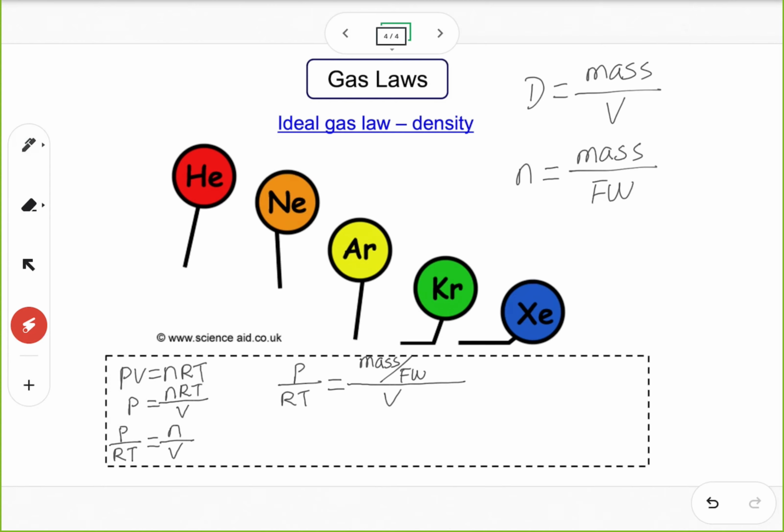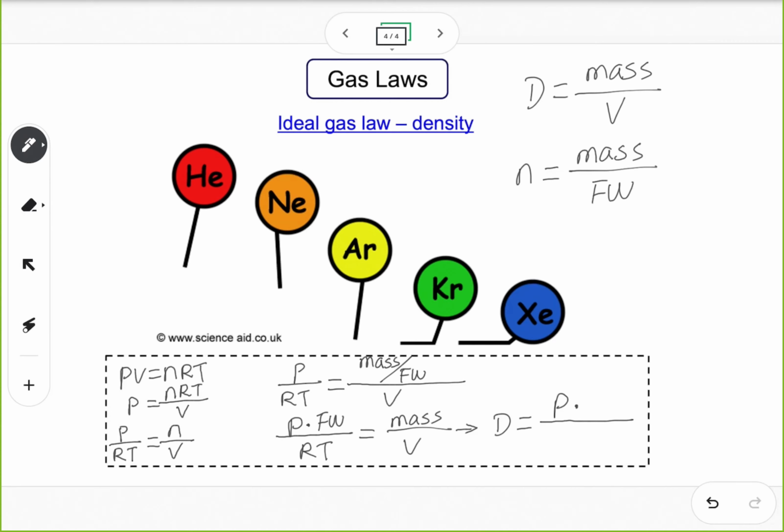How do we reorganize the equation to make it disappear on this side? What you need to do is multiply the formula weight on two sides. So that will give us P, pressure, times the formula weight divided by RT equals mass over volume. And we know that mass over volume is density. Finally, we got the density of a gas equals P times the formula weight over RT.